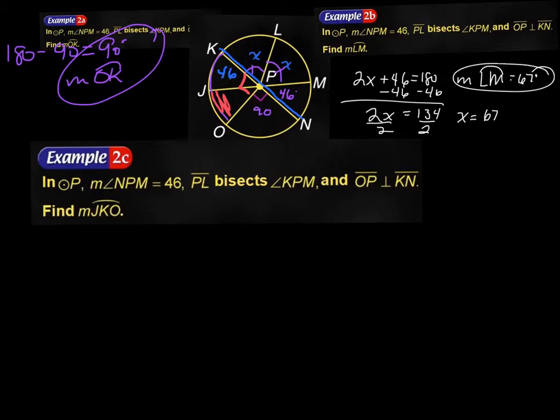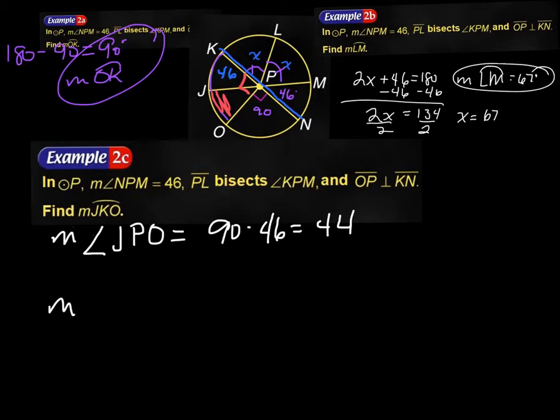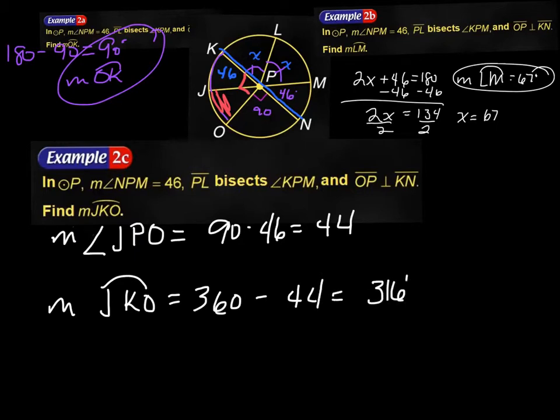And we said in part A that angle KPO was 90, so I'm just going to subtract 90 minus 46, and I get measure of angle JPO is 44. So now all I have to do to get measure of arc JKO is take 360 minus the minor arc that I don't want, and what I have left is my answer. So 316 degrees.